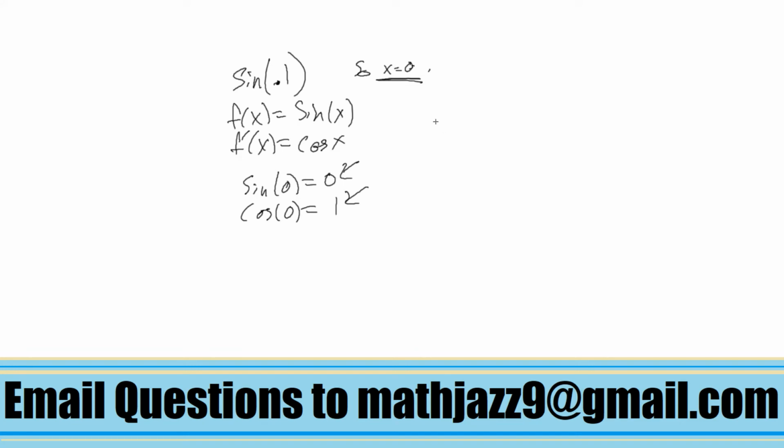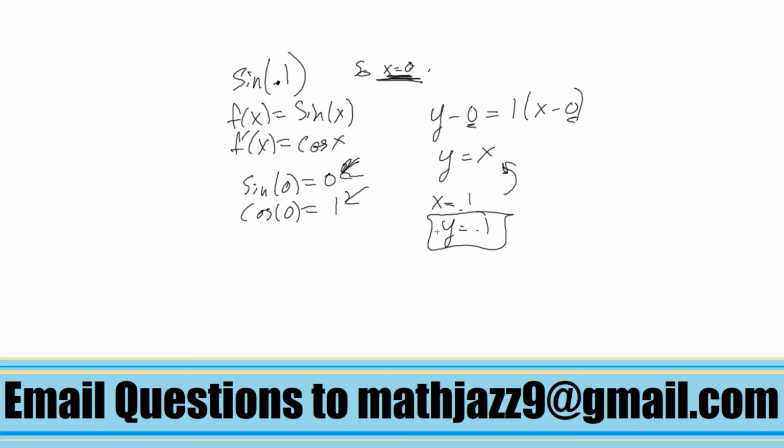This gives us a line: y minus the y coordinate equals the slope times x minus the x coordinate. The point (0, 0) is our point, because x equals 0 and y equals 0. When we solve, y equals x is our approximating curve. That means that when we plug in x equals 0.1, we get y equals 0.1 as well. This is our approximation.